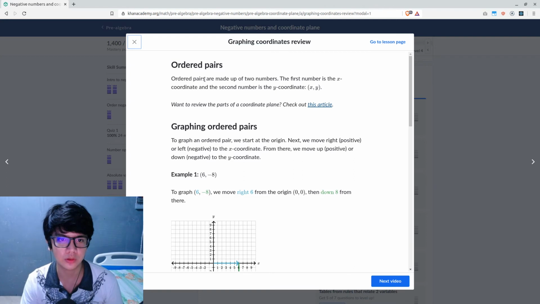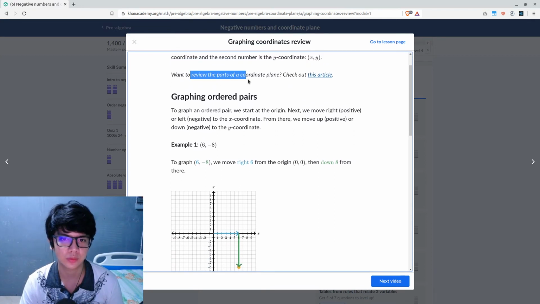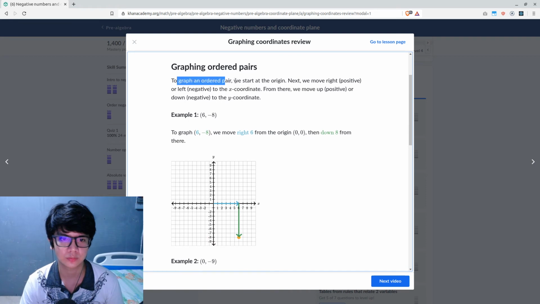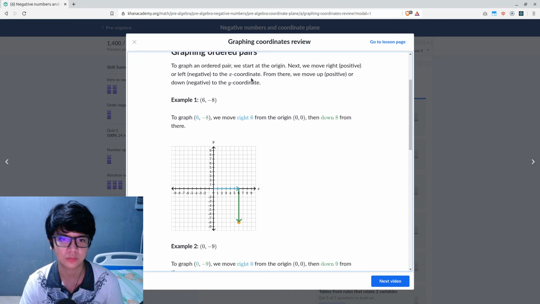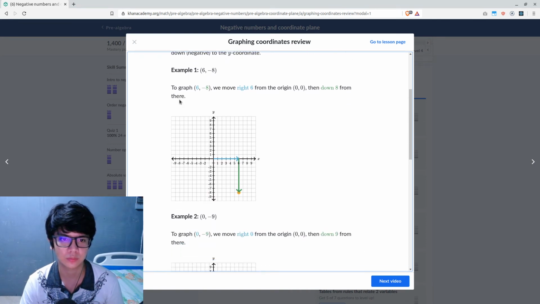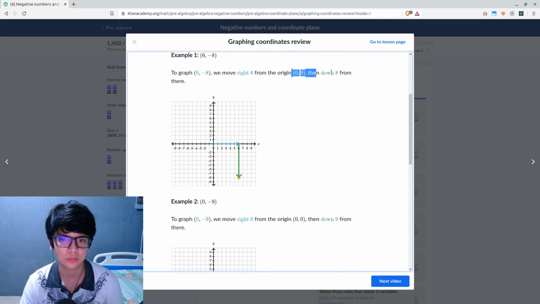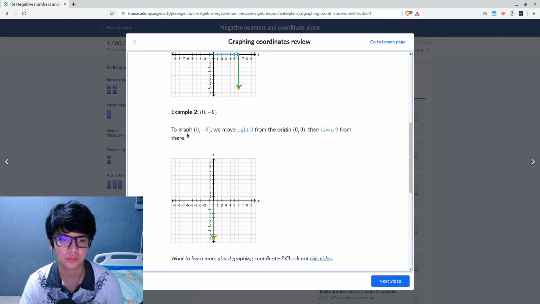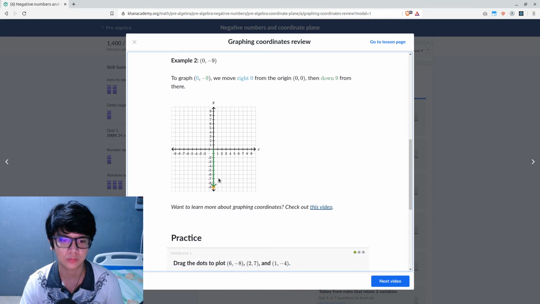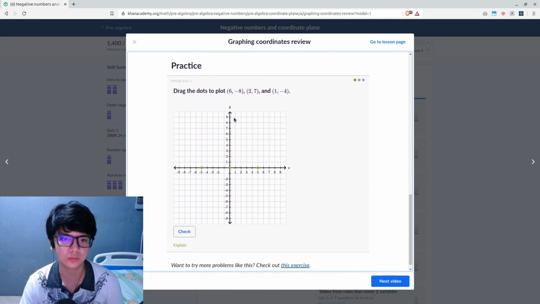Graphing coordinates review. We have 6 and negative 8.